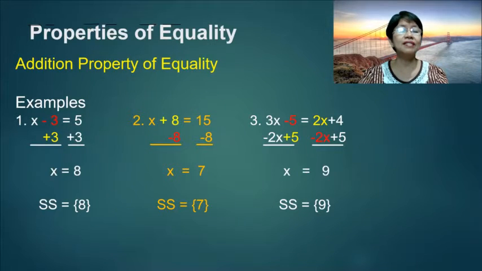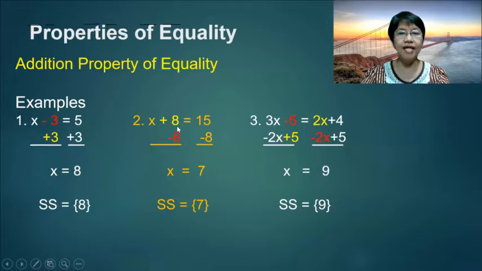Since the sign here is negative, or -3, we add a +3 on both sides of the equation. So we get x equals 8. Number 2, x plus 8 is equal to 15. Since we have a +8 here, what we add to both sides of the equation is -8.